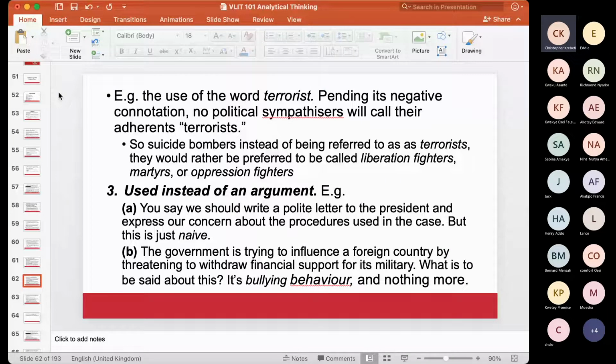You see, the word terrorist has a very negative connotation, and there is no political sympathizer or political system that will actually call their adherents terrorists. They will never do that.